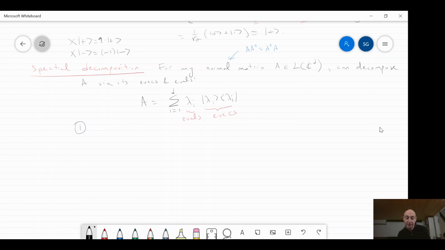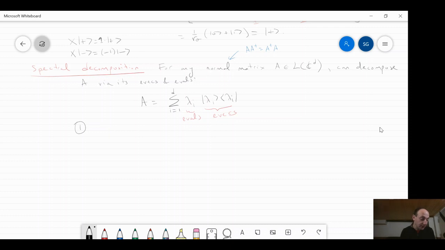Every linear operator has at least one eigenvalue, but the eigenvectors are not necessarily orthonormal. But for the types of matrices we'll be considering, these normal matrices, you can always take the eigenvectors to be an orthonormal basis. So this gives us another way to get orthonormal bases beyond just the standard basis.